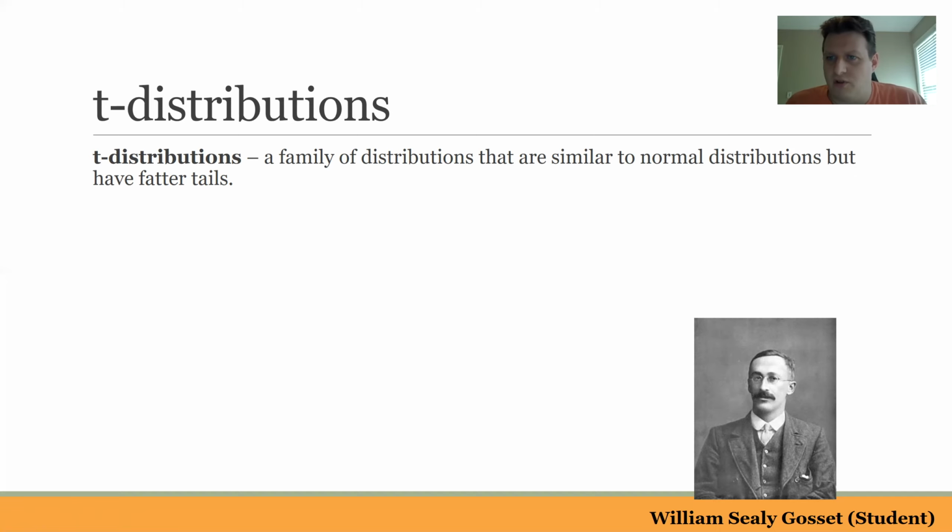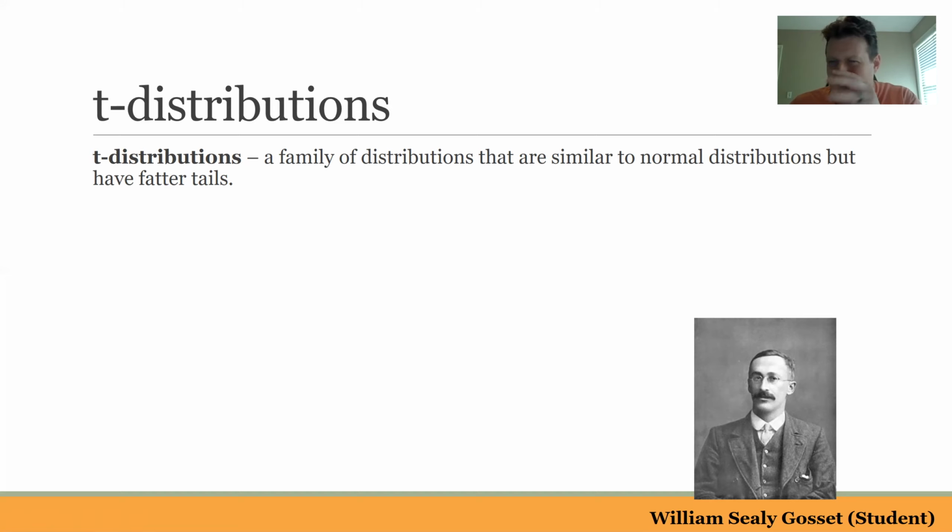In fact, he worked a little bit with Karl Pearson. He was good friends with Ronald Fisher. And he wanted to find a way to determine whether or not different concoctions of beer were more successful than others. So in doing this, he ended up creating these t-distributions and some of the first t-tests.